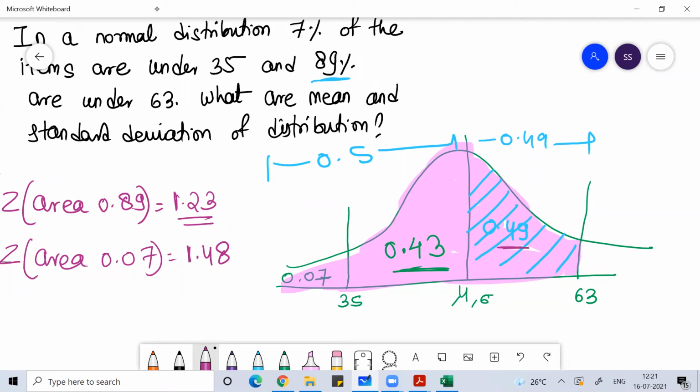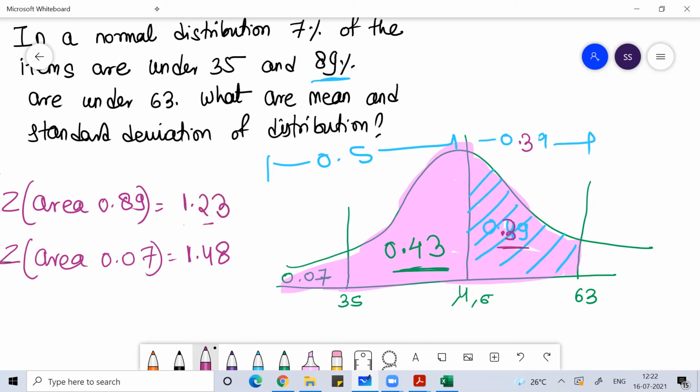The value 0.89 is on the left-hand side, so this area corresponds to 0.89. Sorry, this will be 0.39, not 0.49. The 0.39 corresponds to 1.23.